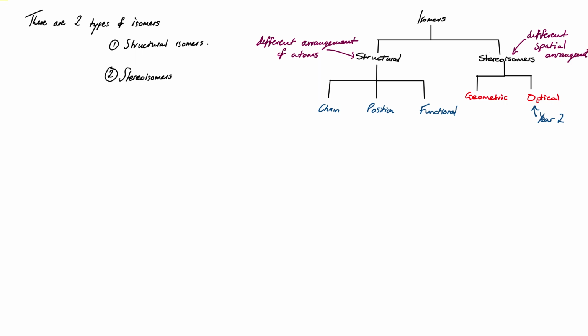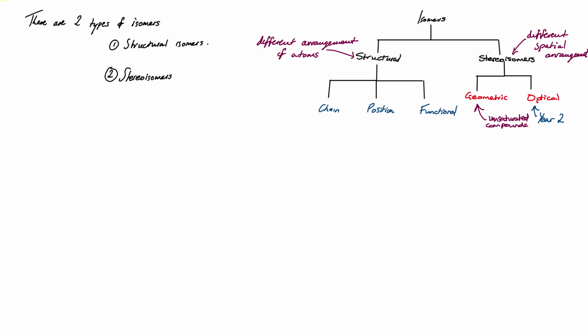Now, we're going to focus in this video on chain, position and functional, and then we'll later look at geometric. Geometric isomerism only occurs with unsaturated compounds. So let's have a look at structural isomers.